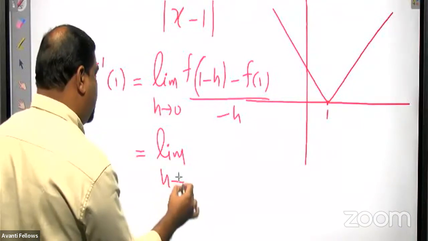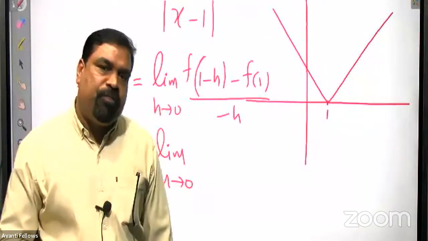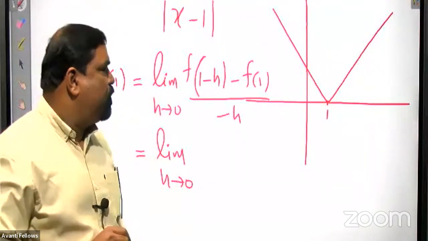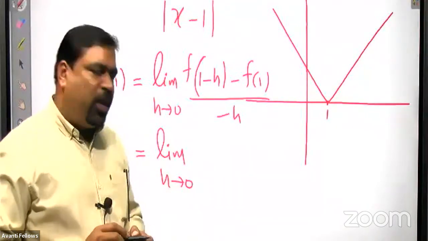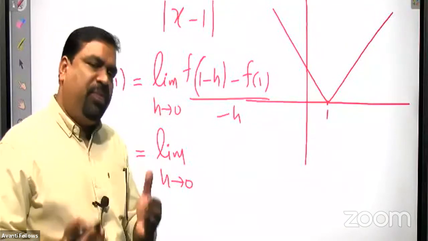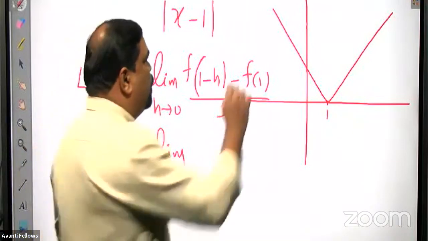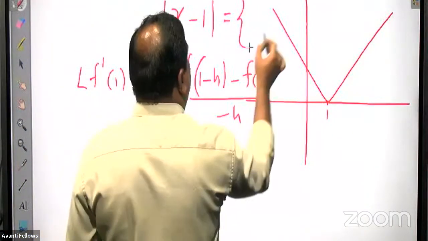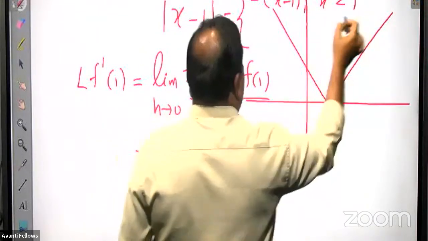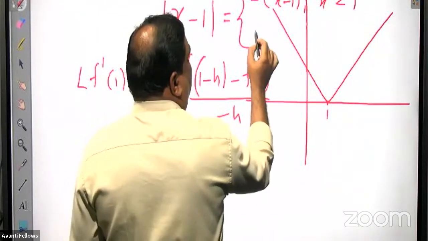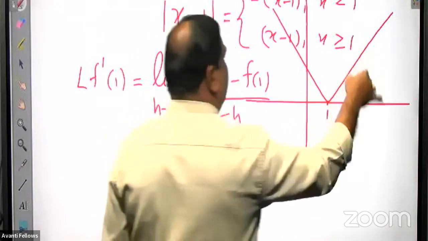That is equal to the limit as h tends to 0 of f of 1 minus h. 1 minus h stands for the left side of 1. And on the left side of 1, what is the function? You know the mod x definition. Mod x minus 1 is also like that only. It is minus of x minus 1 if x is less than 1, and x minus 1 if x is greater than or equal to 1.